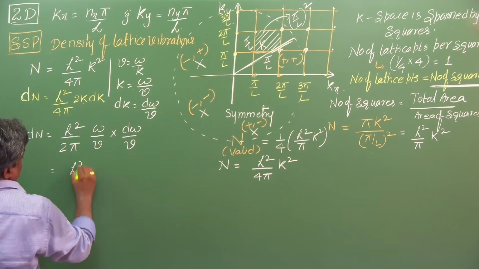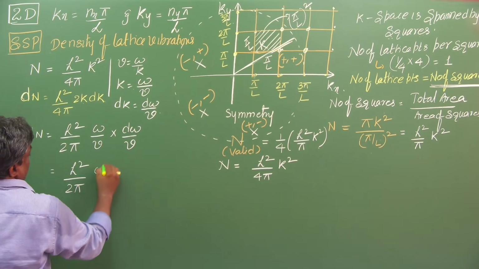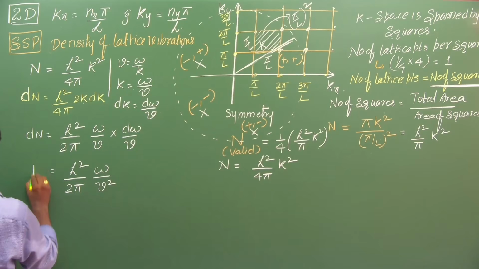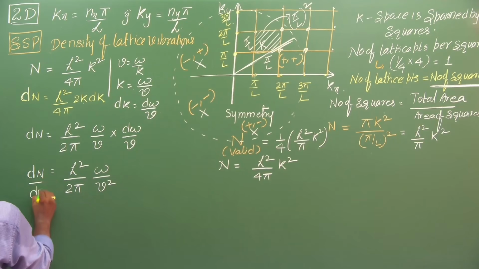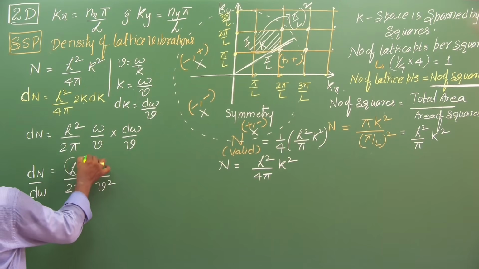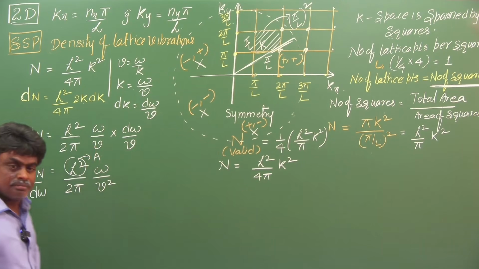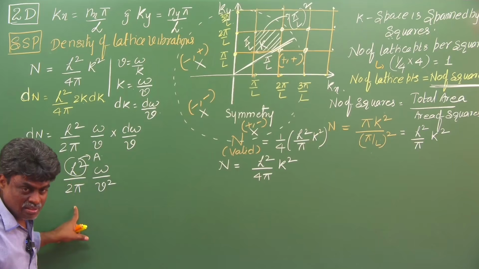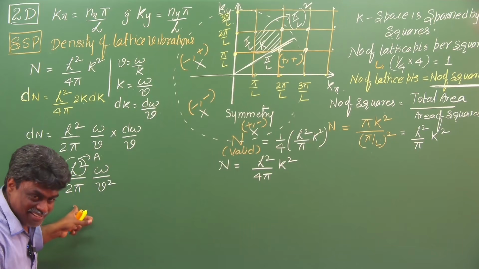That means L square by 2 pi omega by v square d omega. Any trouble? And here L square is nothing but area. 4 missing.